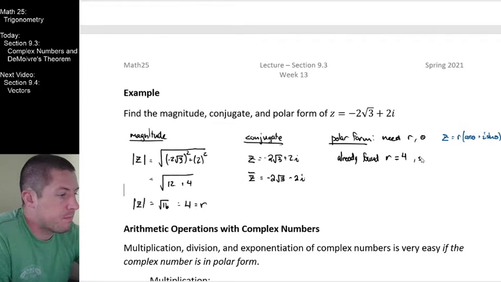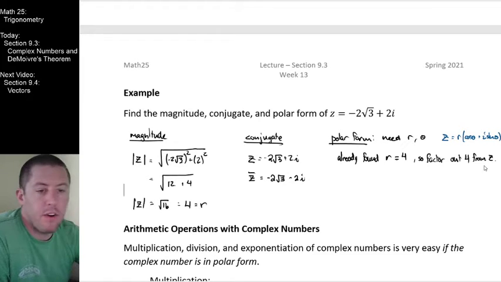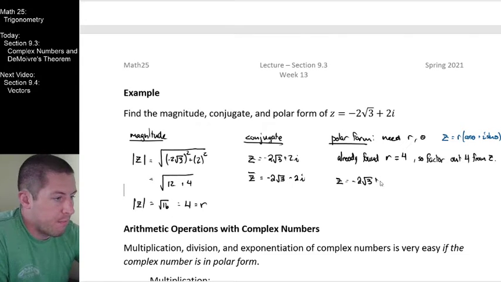So let's factor out 4 from z. If I do this, I'm going to get z equals, so what do we got? We got negative 2 root 3 plus 2i. I'm going to write this as z equals 4. So I'm doing a division process here, right?